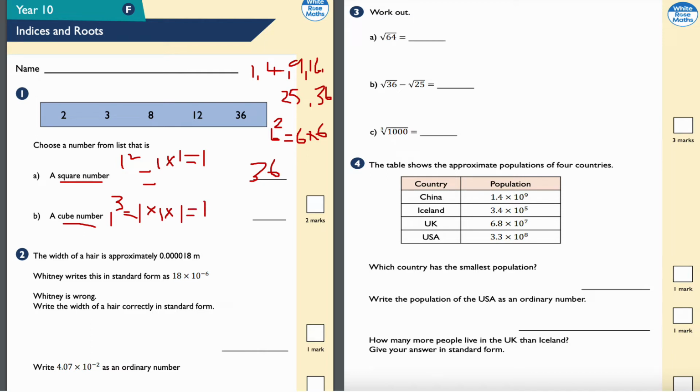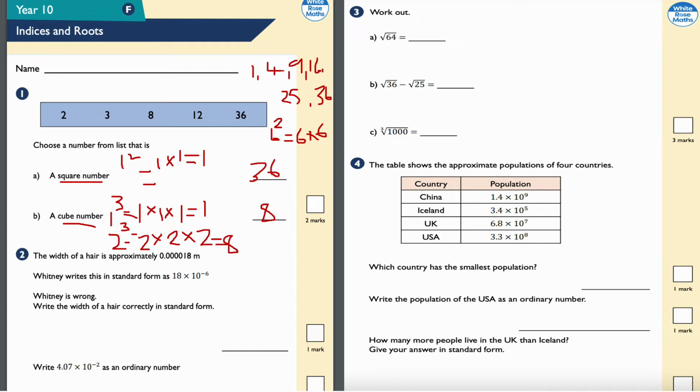And then you would have 2 to the power of 3, which is 2 times 2 times 2, and 2 times 2 times 2 is 8. So that's the answer for part B.